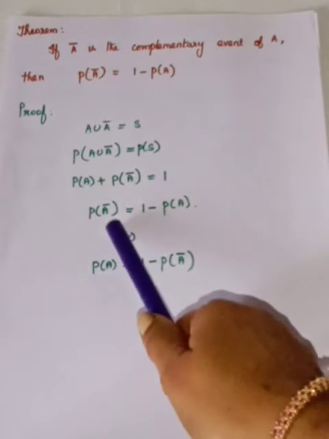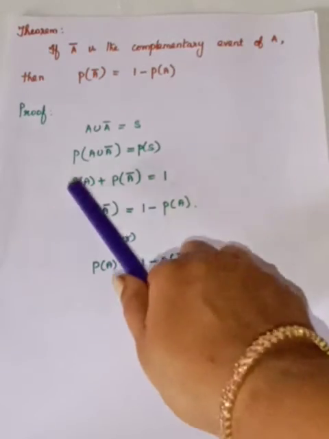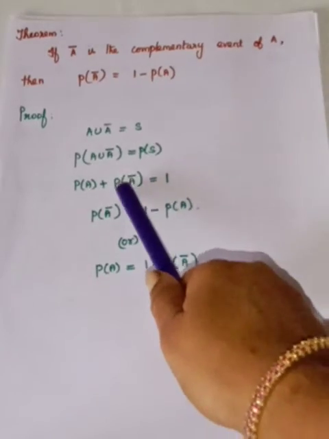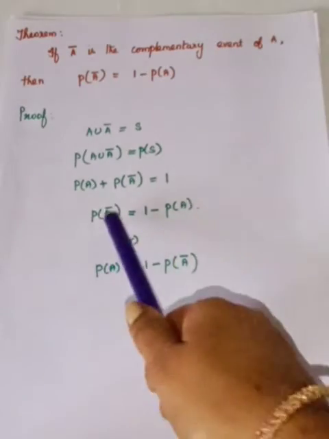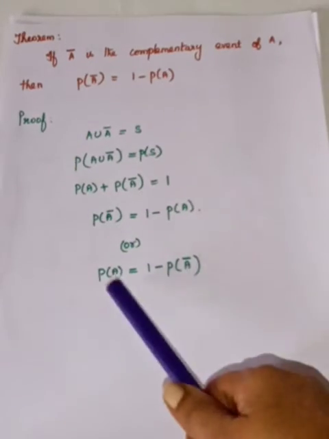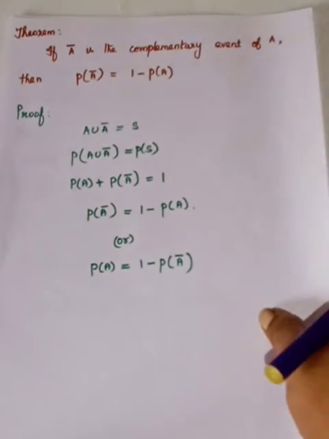So from that, P of A bar is equal to 1 minus P of A. If you want to find P of A, P of A bar can be taken to the next side. So you will have two results: P of A bar is equal to 1 minus P of A, or P of A is equal to 1 minus P of A bar.